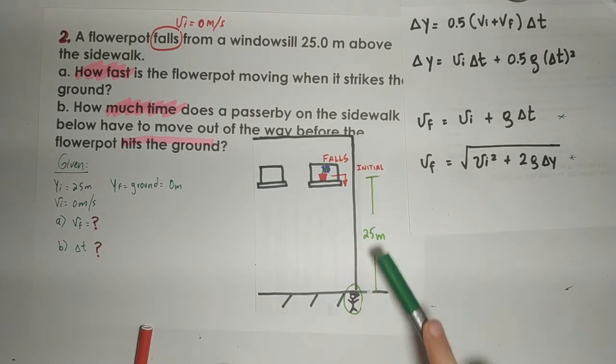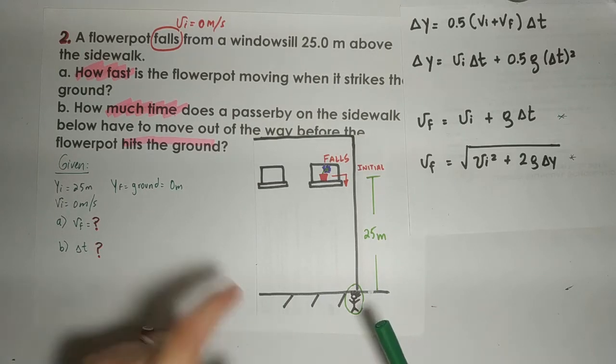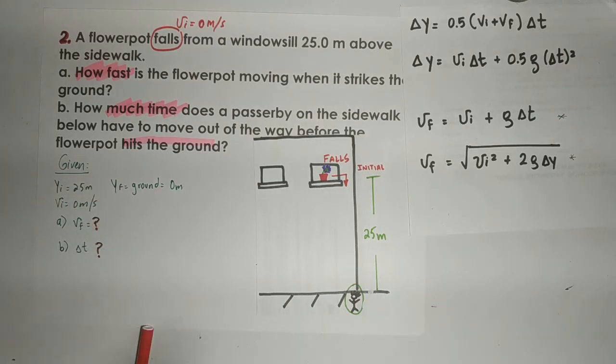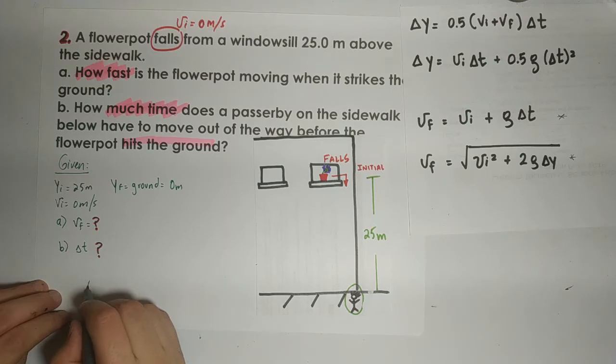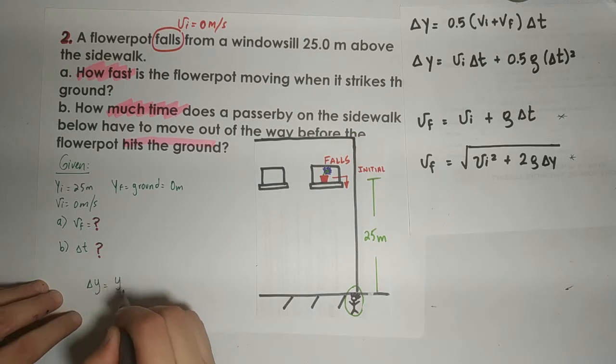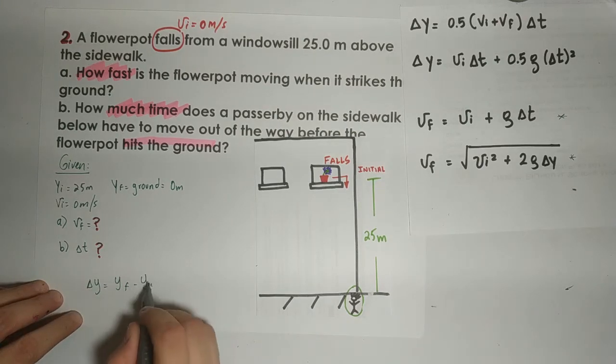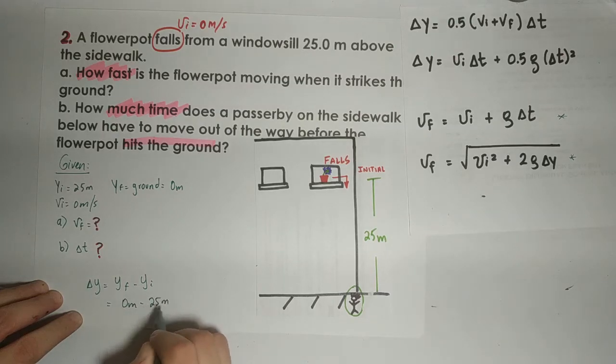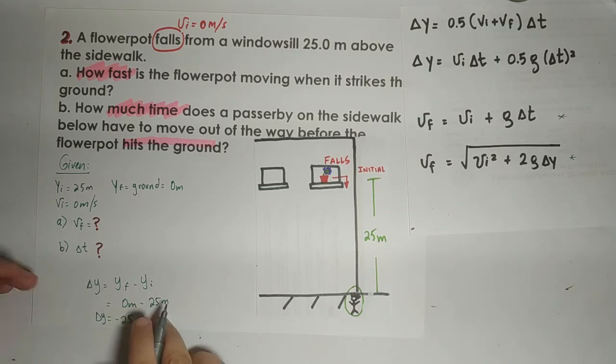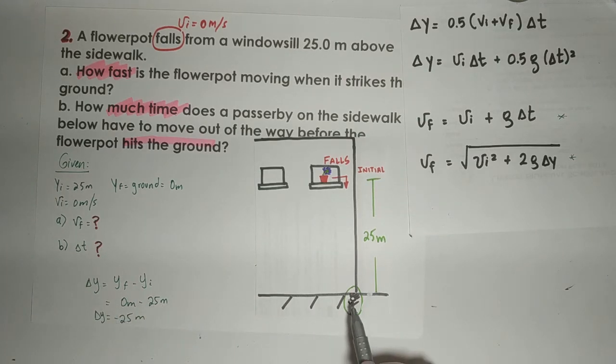Here is 25 and on the ground is 0. So if it says ground, it's going to be 0. And if I want to know my delta y, just subtract final minus initial. So 0 meters minus 25 meters. Delta y is going to be negative 25 meters.